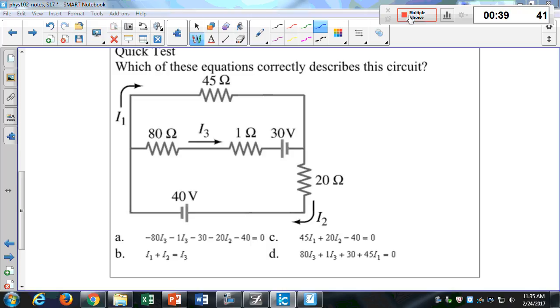All right, let's wrap this up. Another 10 seconds. 10 seconds. Stop at 55. 55.